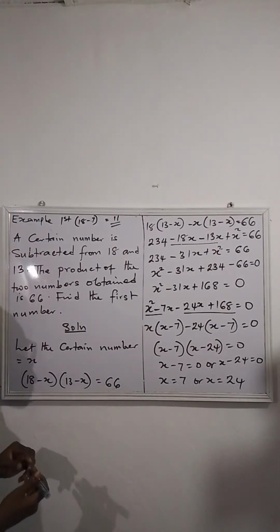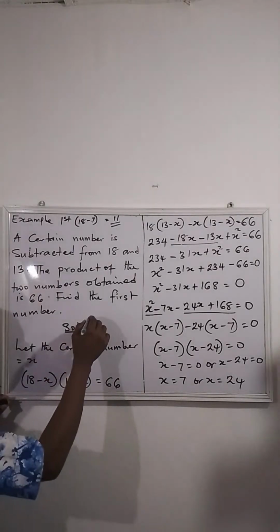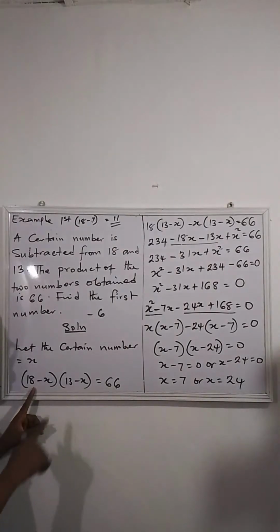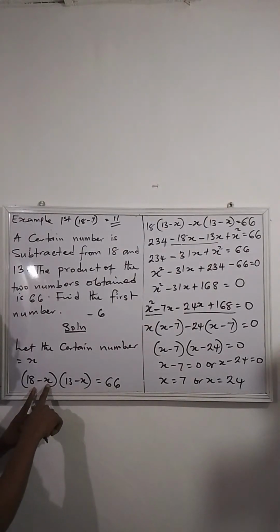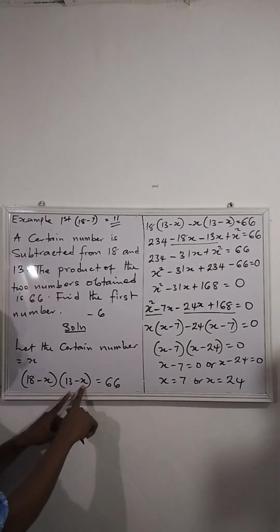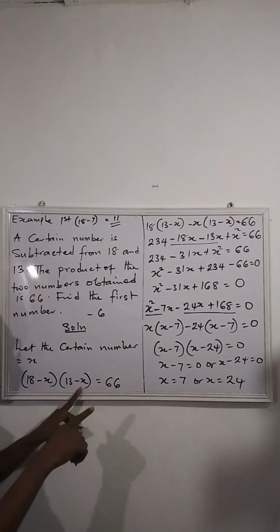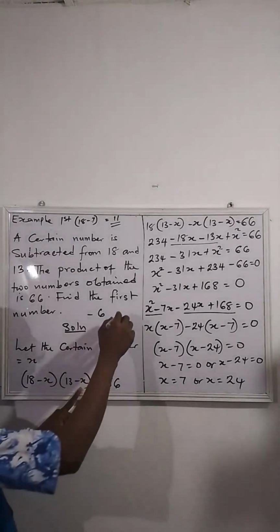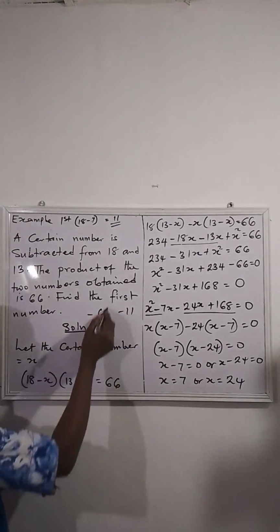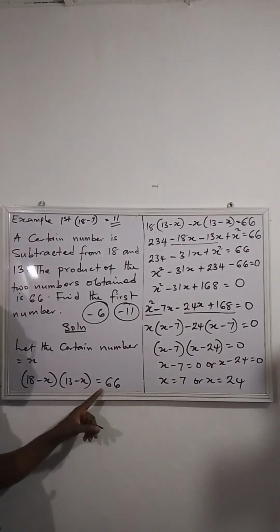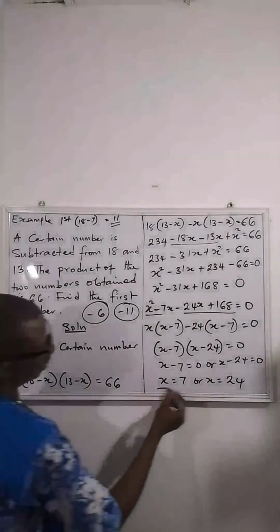What do you have? You have minus 6. That's going to be minus 6. If you plug in the value of x here, and here, now what do you have? 13 minus 24. That's going to give you minus 11. So you see, when you multiply this and this together, you are still going to have 66. So that means these are the values.